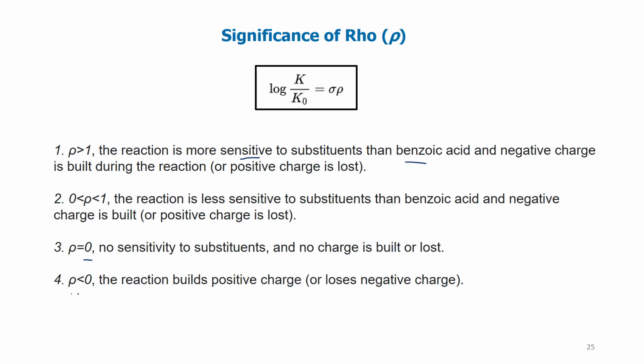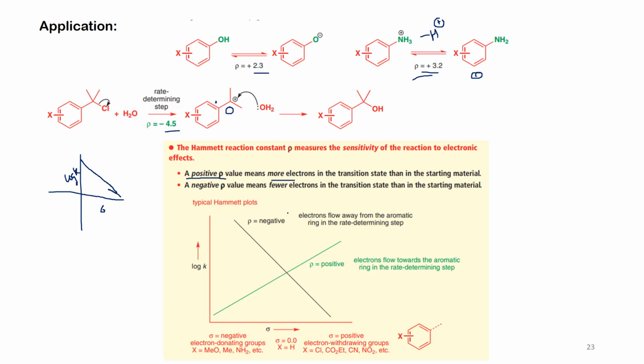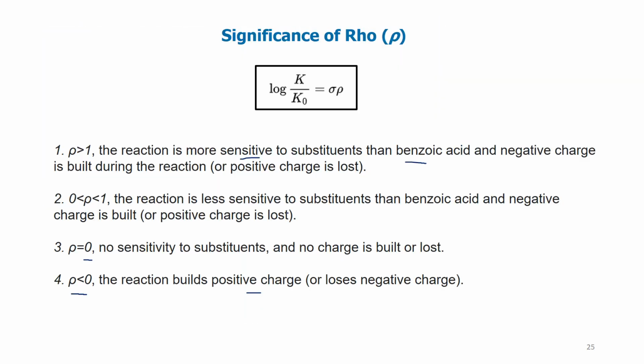Now the fourth one is where the rho value is less than 0, that is, the rho value is negative. That means the reaction builds a positive charge, which is the last example I showed, that is this carbocation. So this summarizes the significance of rho in the Hammett equation, where 4 cases can occur. Where the rho value is greater than 1, it is a similar kind of nature to benzoic acid.